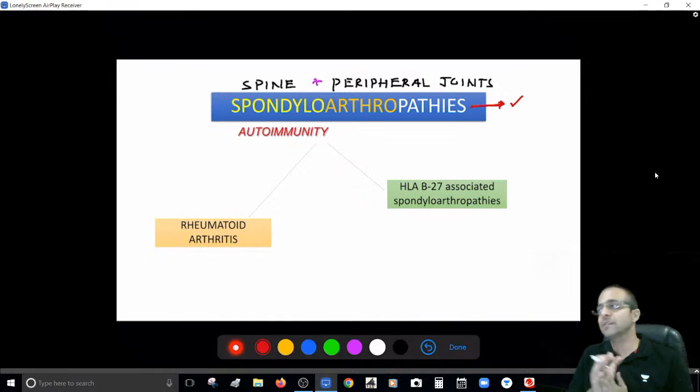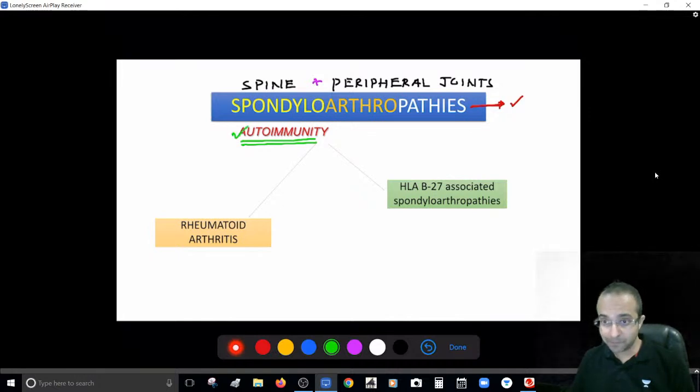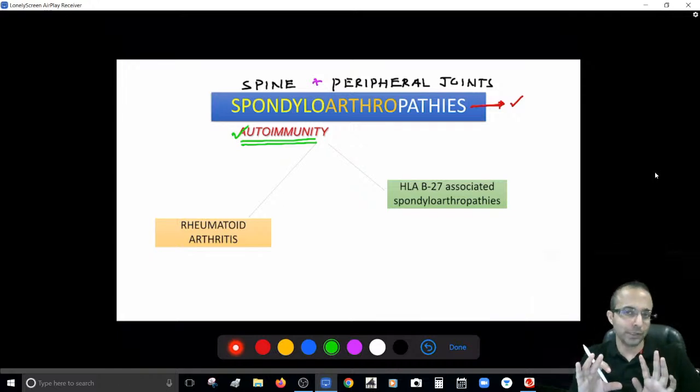So you have the spine and the peripheral joints involved. But let me tell you, that's not all to call something a spondyloarthropathy. The crux of the problem has to be autoimmunity. Unless you can document that there is an element of autoimmunity involved, you cannot call the condition a spondyloarthropathy.